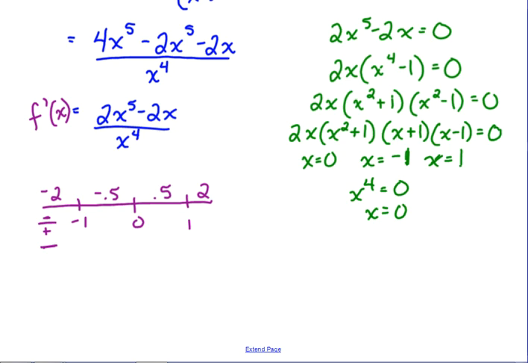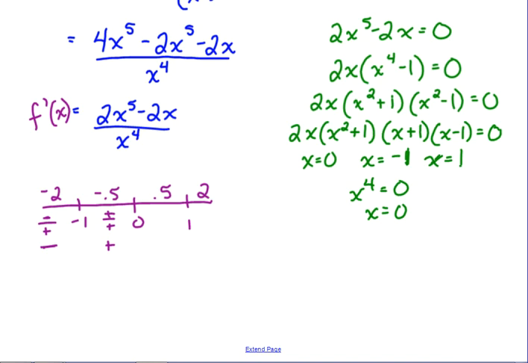If I plug in negative 1/2, okay, negative 1/2 raised to the fifth power is a negative number, a very small negative number. Multiply it by 2, still a pretty small negative number. Then I'm adding 1 to that, so I believe that that's going to end up being a positive number. So positive over positive is positive.